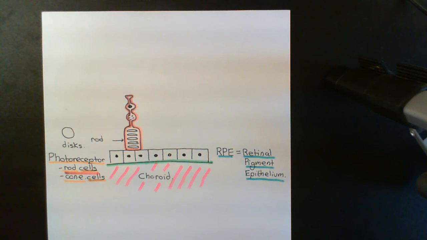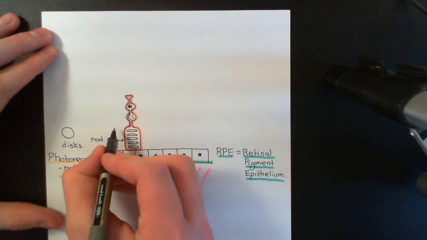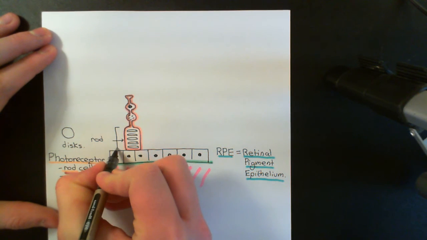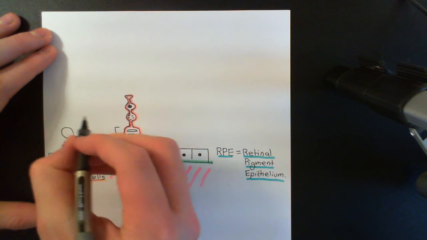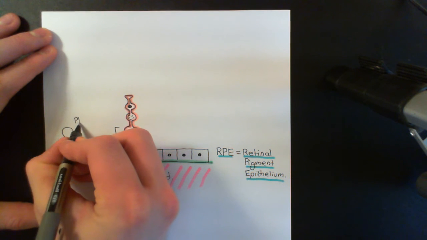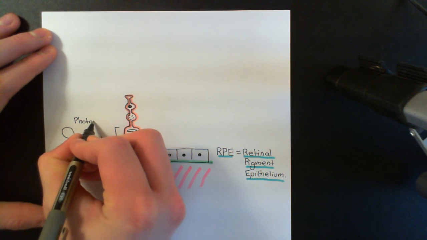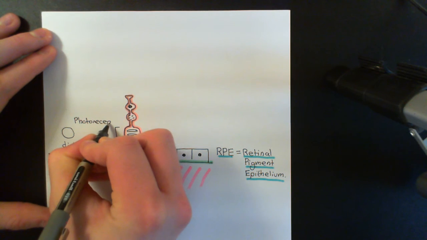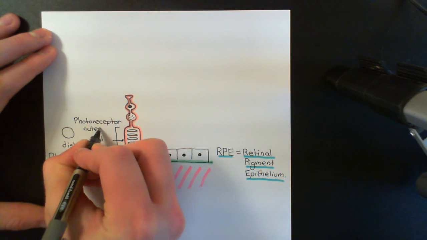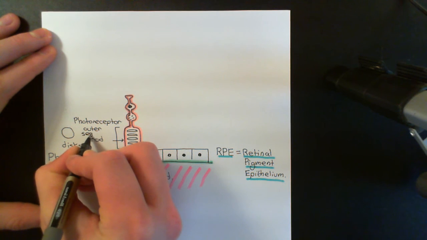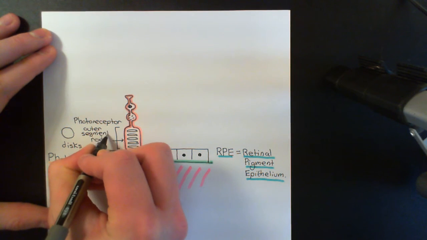So we can divide rod cells and cone cells, and I haven't drawn a cone cell yet, but we'll see that the same is true of a cone cell, into 2 portions. The first portion is the phototransduction area, and this is known as the photoreceptor outer segment. That's this bit down here. It's called that because it's more towards the outside of the retina.